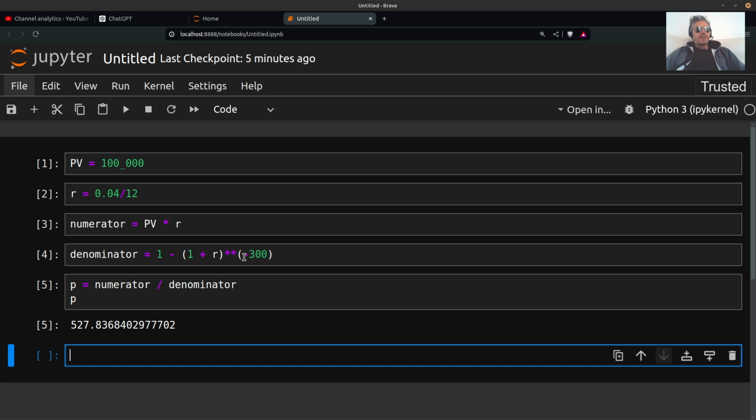But just remember, if you're doing something to the power of, it's the two asterisks in Python. And if you ever hear people talk about numerators and denominators, and you've not done maths at school recently, numerators are on top, denominators on the bottom.